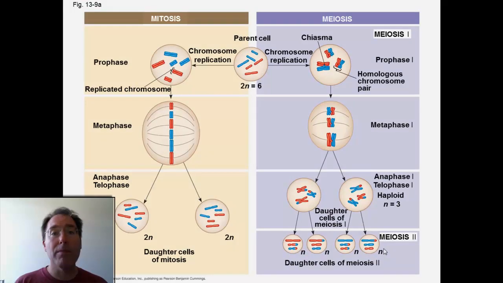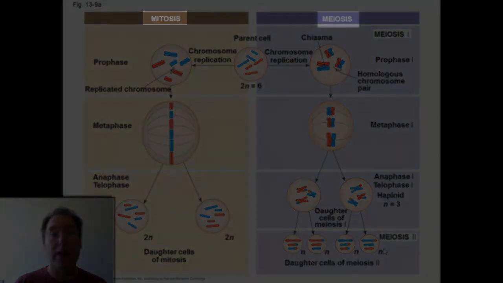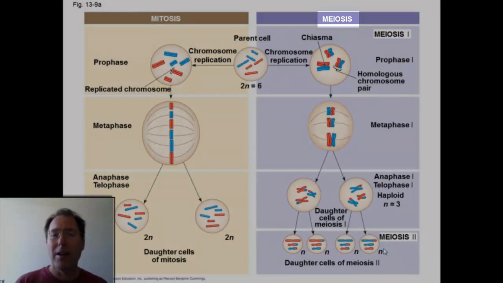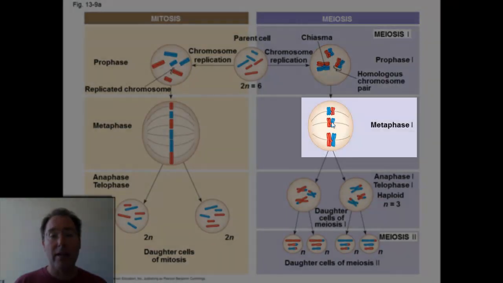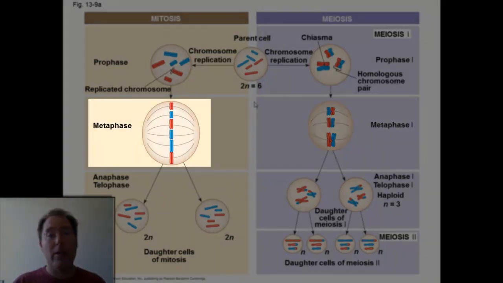Well, let's look at mitosis versus meiosis, and specifically mitosis versus meiosis 1. There's going to be some big differences here. I see this chiasma being formed in meiosis where crossing over is occurring. I also see lining up of these homologous pairs of chromosomes in meiosis 1 next to one another rather than on top of one another like you see over here in metaphase of mitosis.